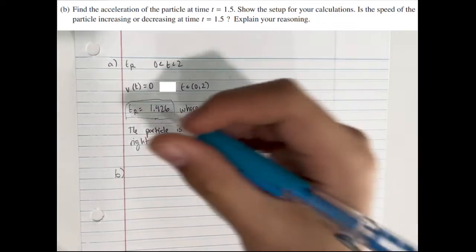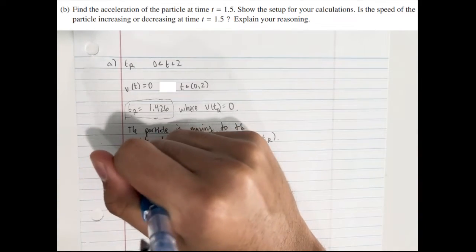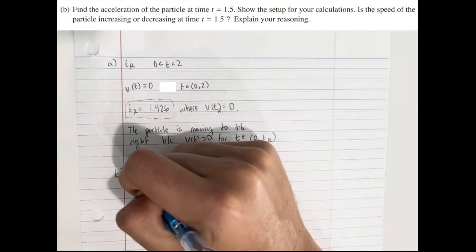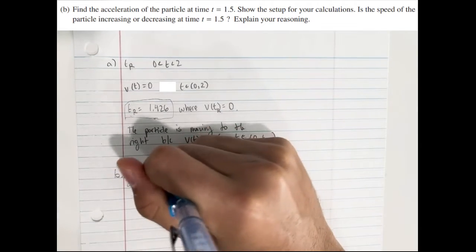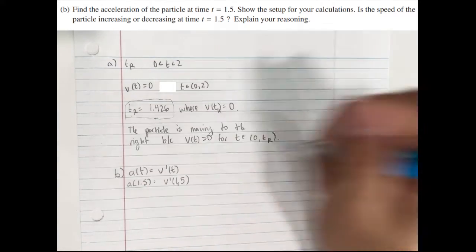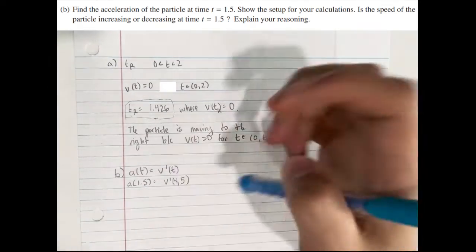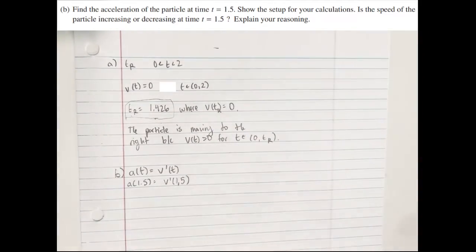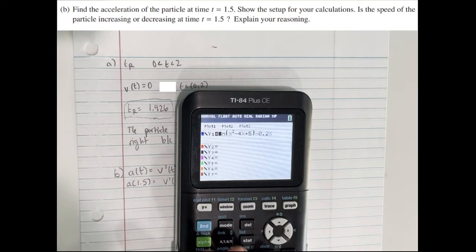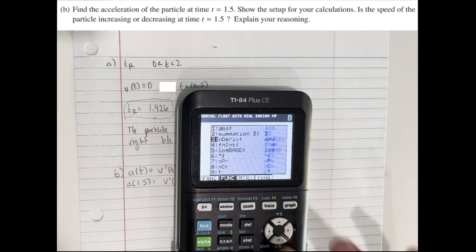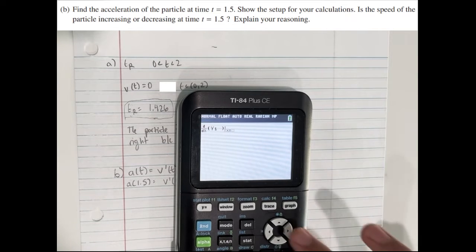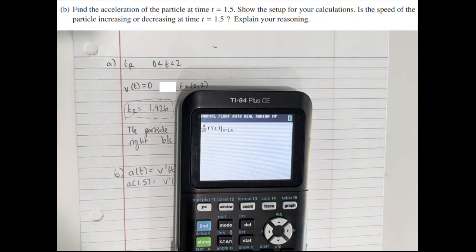That's the first part. So remember that the acceleration is the derivative of velocity. And so to find the acceleration at time t equals 1.5, we're going to find the derivative of velocity at time t equals 1.5. To do that, I already have velocity stored as y1 in my calculator, so I'm simply going to do the derivative function of y1 at x equals 1.5.